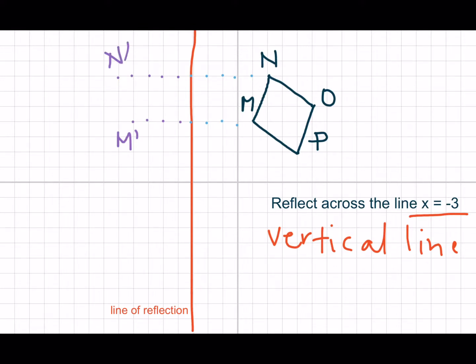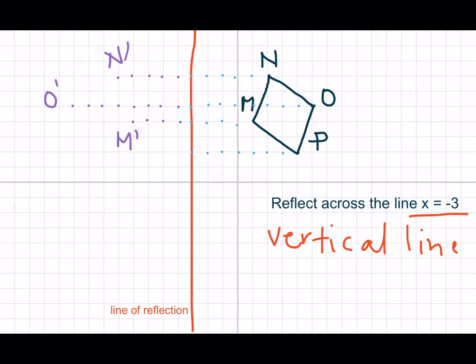O is 1, 2, 3, 4, 5, 6, 7, 8 units from the line of reflection. Match it on the other side. 1, 2, 3, 4, 5, 6, 7, 8. O prime. And lastly, P. P is 1, 2, 3, 4, 5, 6, 7 units from your line of reflection.